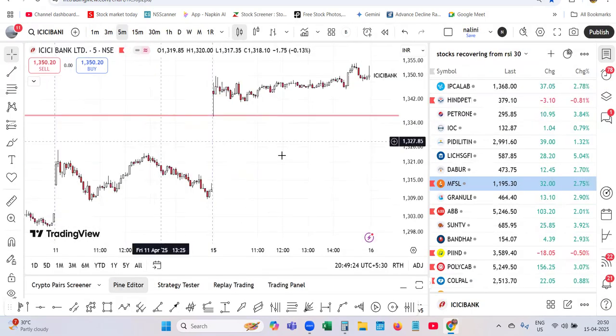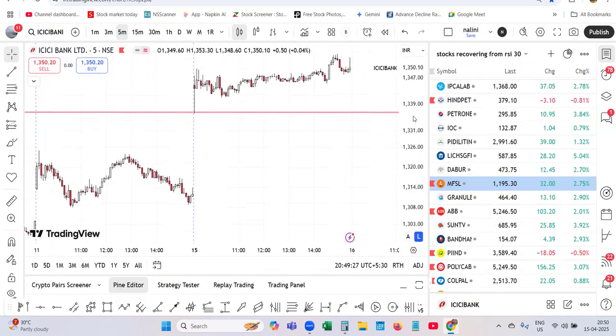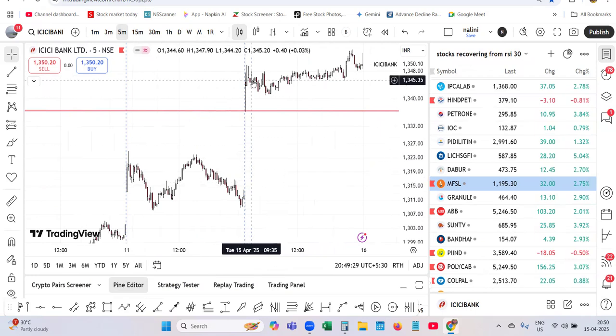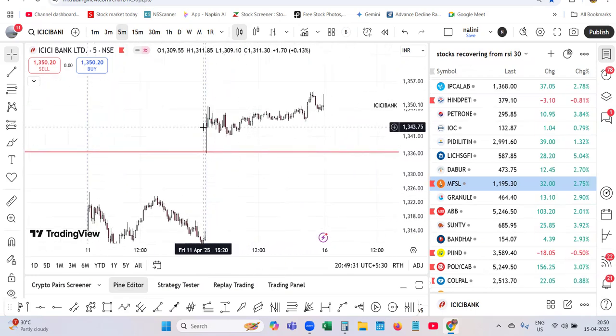There were so many in the screener. See, ICICI Bank gapped up so much, and the 1340 call option was the selection.